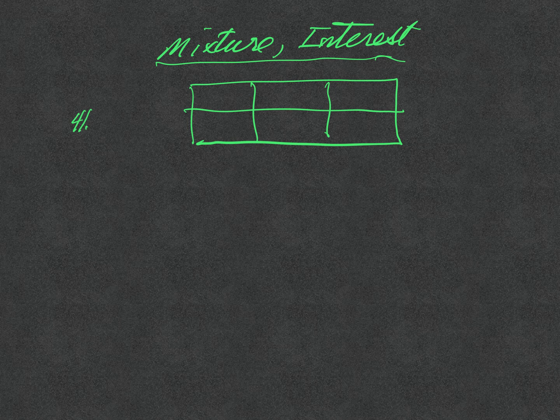Now, in that problem, it says how many ounces of a 15% alcohol solution must be mixed with 4 ounces of a 20% alcohol solution to make a 17% alcohol solution. Okay? Now, what are the unknowns? Well, X, we don't know how much of the 15%. And Y, we don't know how much of the total.